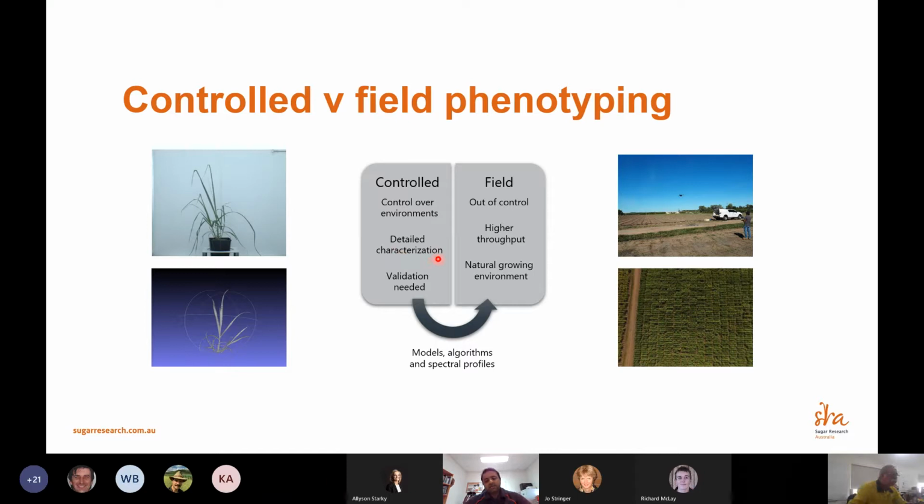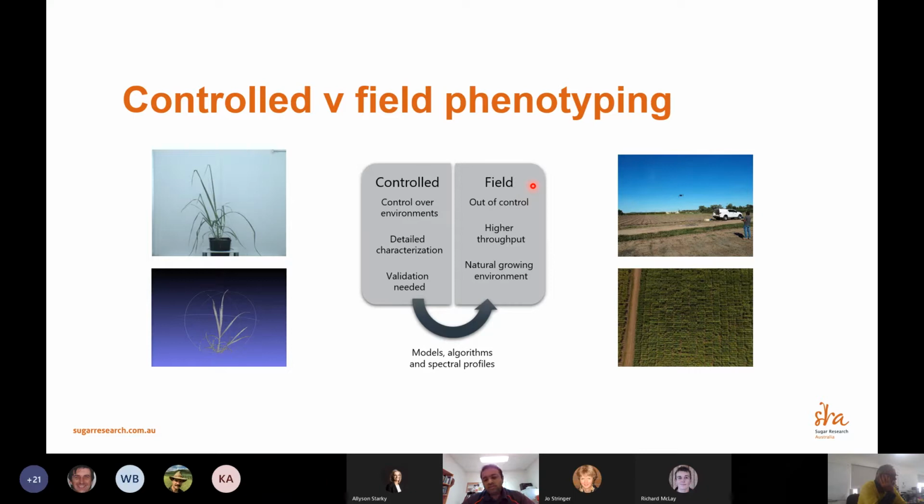So you can have a detailed characterization under controlled conditions, but one of the disadvantages is that you will need to validate some of the results from controlled environment phenotyping under field conditions to make sure they perform well under natural conditions.